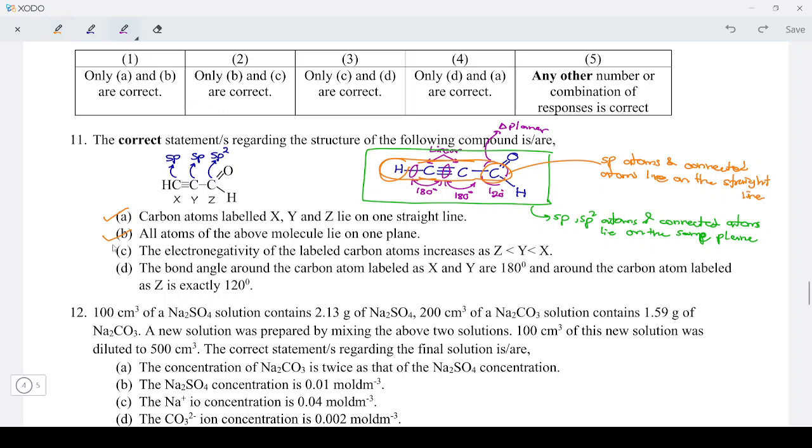We have to apply it for the electronegativity of labeled carbon atoms. What is this SCOPE? SCOPE is S percentage, charge, oxidation number and peripheral atom electronegativity. So you have to check these four in order to examine the electronegativity variation of X, Y, Z.